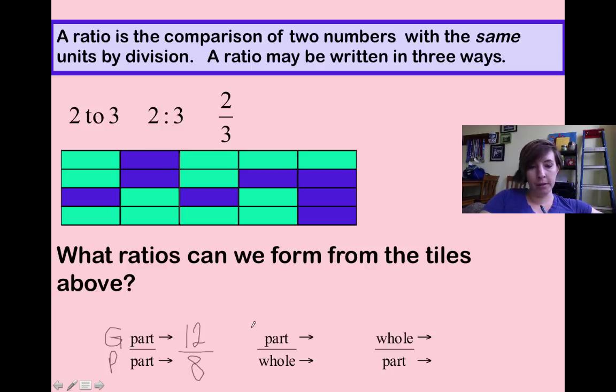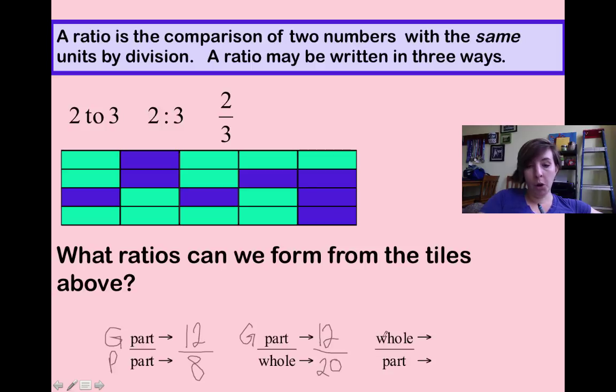If I go green to whole, there are 12 green tiles, which we already counted before. And then the whole would be total tiles: 12 plus 8, green plus purple, is 20. Of course, I can simplify that down. 4 goes into both of those evenly. 12 divided by 4 is 3, and 20 divided by 4 is 5.